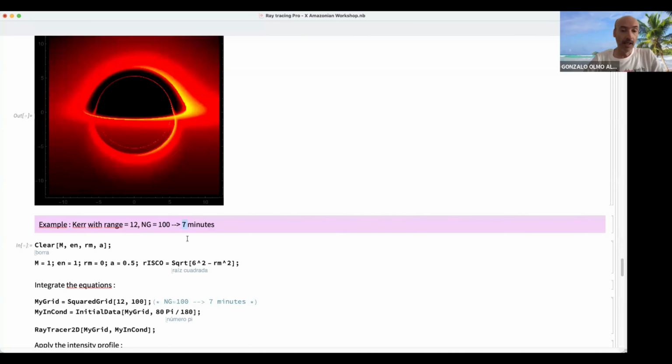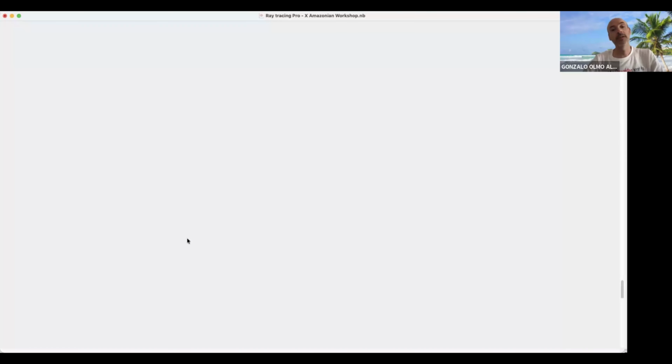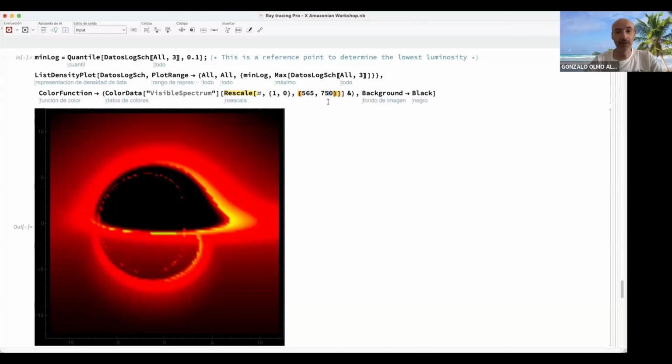Okay, and what we get is the following. Okay, this is what we get. We have some deformation, in particular the light ring now is no longer a circumference, but it's more like a D. It's actually flattened from this side.